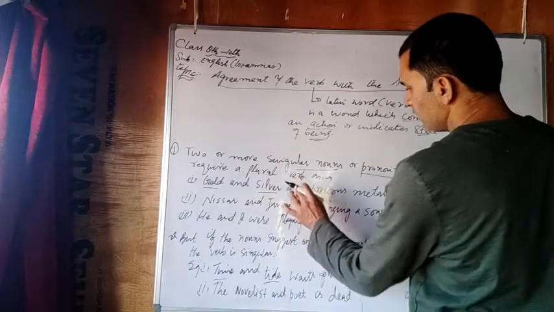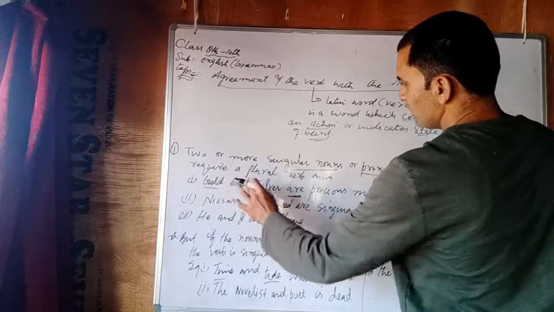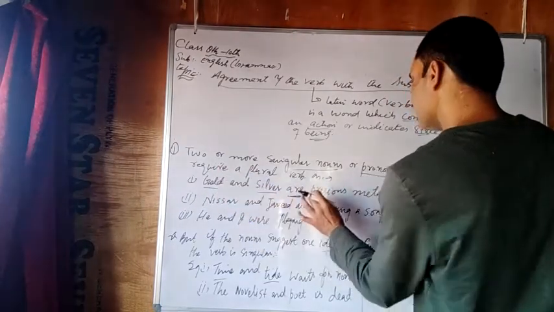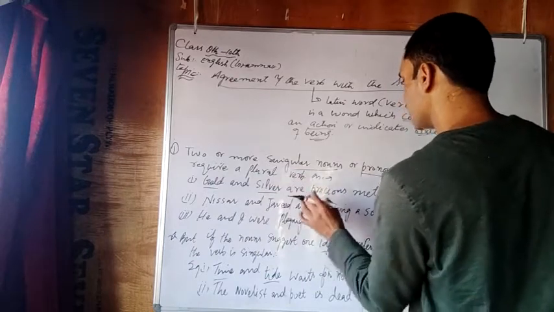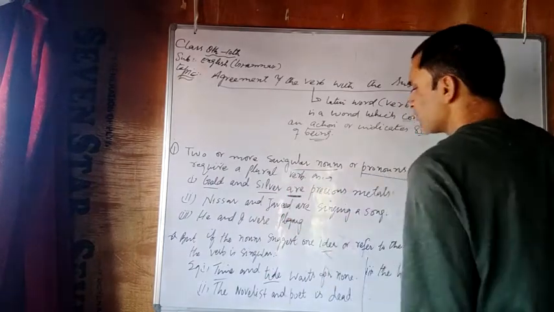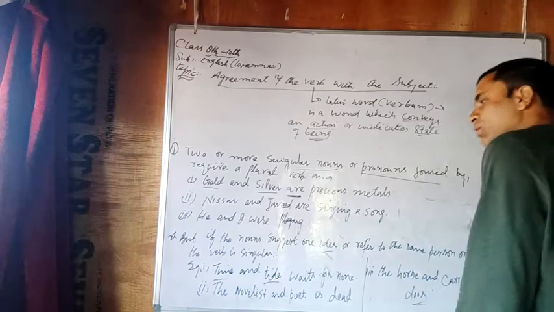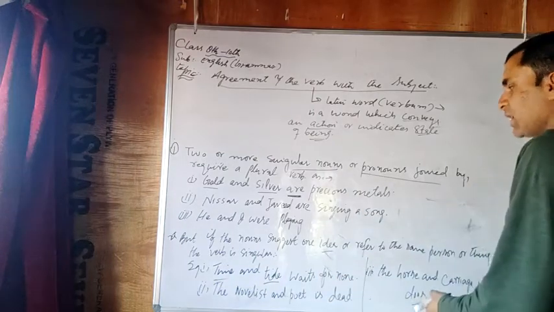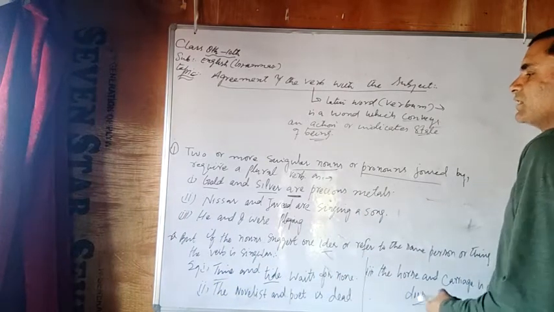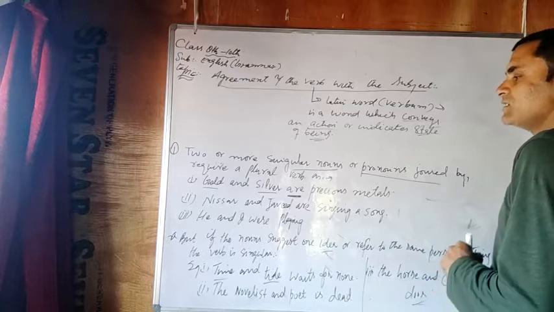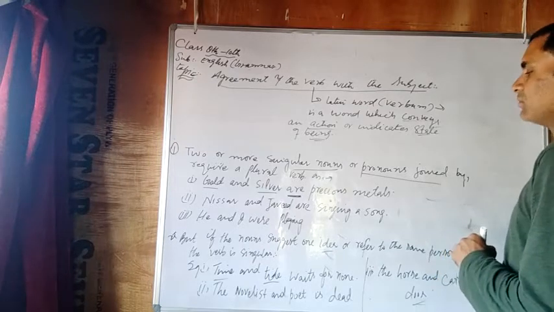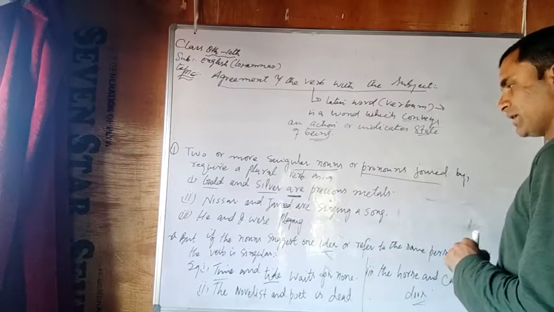Between the two nouns there is an agreement, a concord. They require a plural verb. So we can say that iron and steel are different metals.